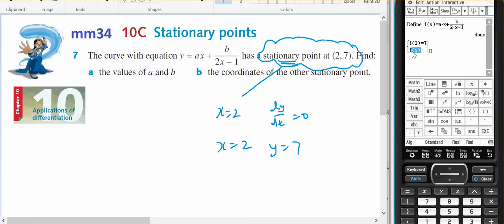So if I do second function, select that, and do the derivative of f(x), and make it equal to 0, given x equals 2. Now I don't want to put the 2 in first because I want to take the derivative. Then once I've taken the derivative, substitute that in and solve for a and b.